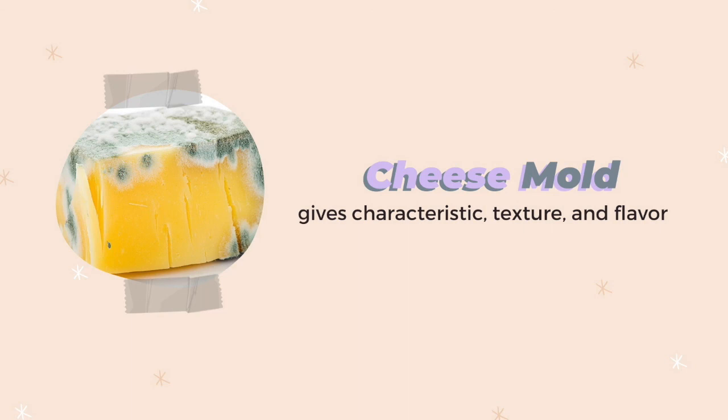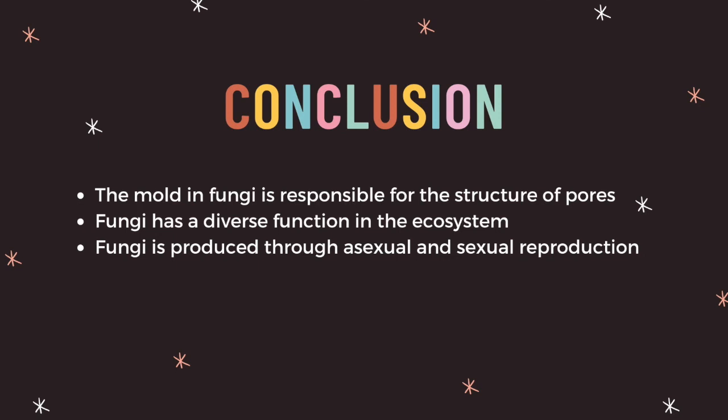Lastly, cheese molds. This fungus plays an important role in the refining of cheese. They give cheese a characteristic texture and flavor. The mold in fungi is responsible for the structure of spores. This mold is caused by the hair-like filament structure of hyphae. These absorb the nutrients needed and carry them to the thallus.